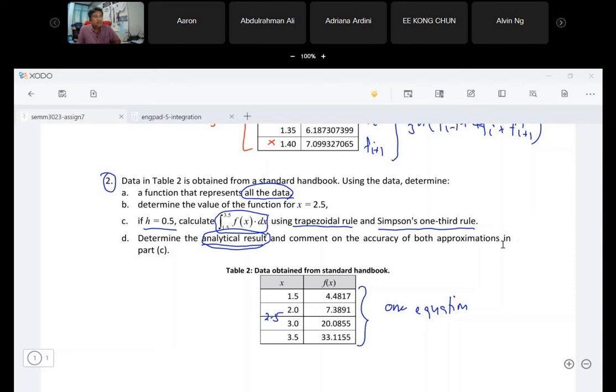Anyone? How can we find the equation that represents all these 4 points? Oh, sorry, I didn't share my Excel yet. Let me reshare this.